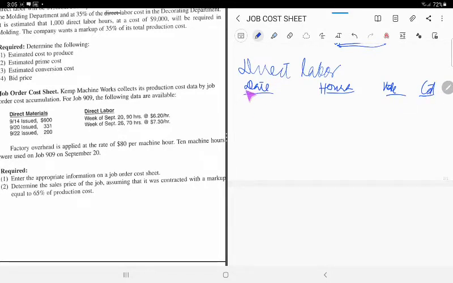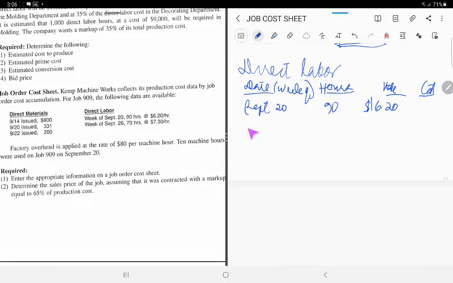The date is the week, right? Week of September 20: 90 hours. The rate is 6.20.